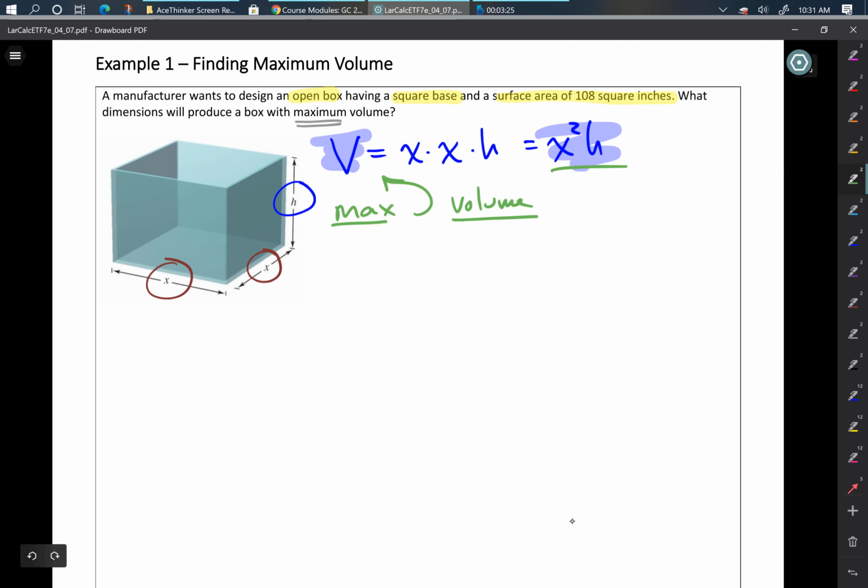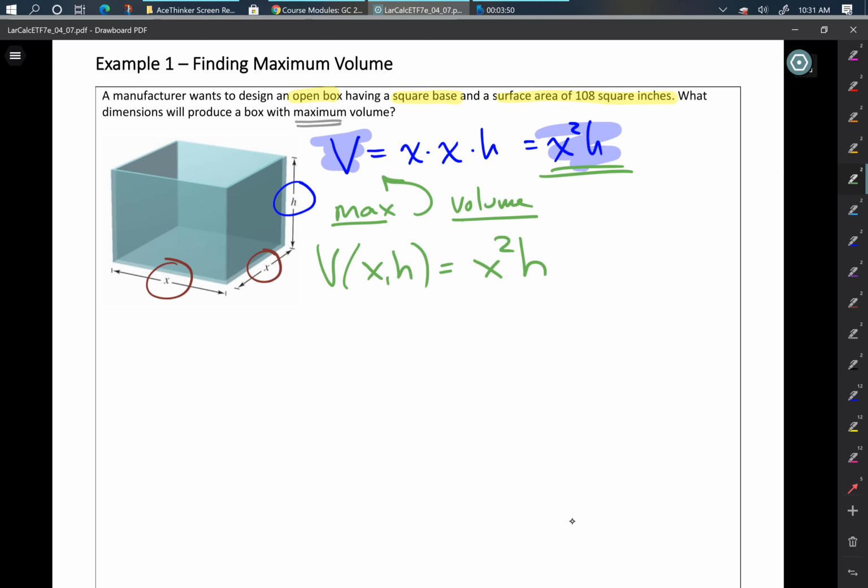This function, if we were to write it more technically correctly, has two independent variables: an independent variable for x and an independent variable of h, the square base dimensions and the height dimension. So I can't maximize something that has two variables. I need to find a way to turn this from two variables into one variable.